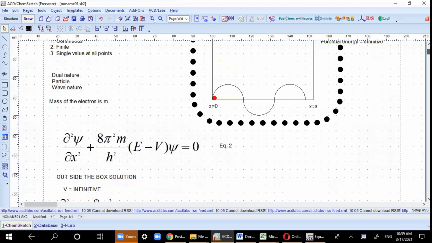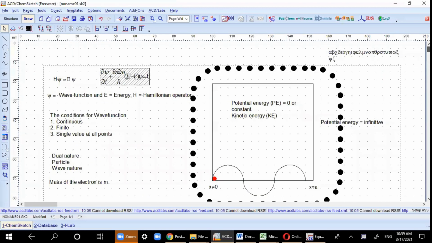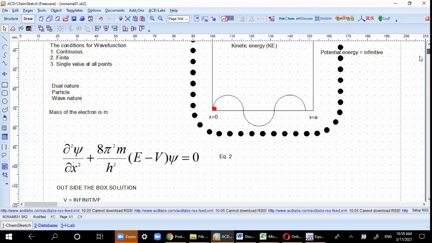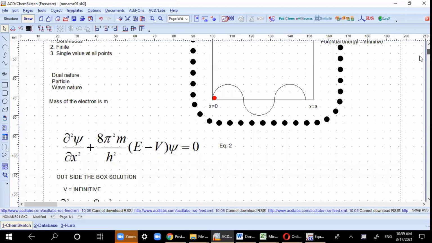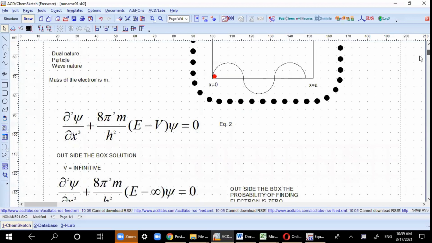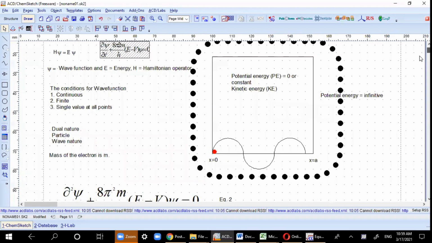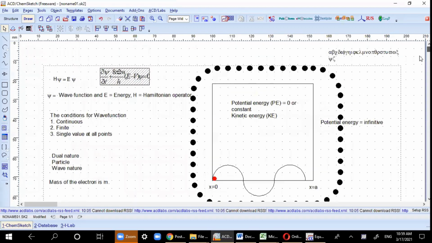This box is nothing but an orbital, either an s orbital or a p orbital. You cannot find the electron outside the orbital. That's what we are telling numerically, in a scientific way. We know already that the electron cannot be present outside the orbital, but we are proving it.